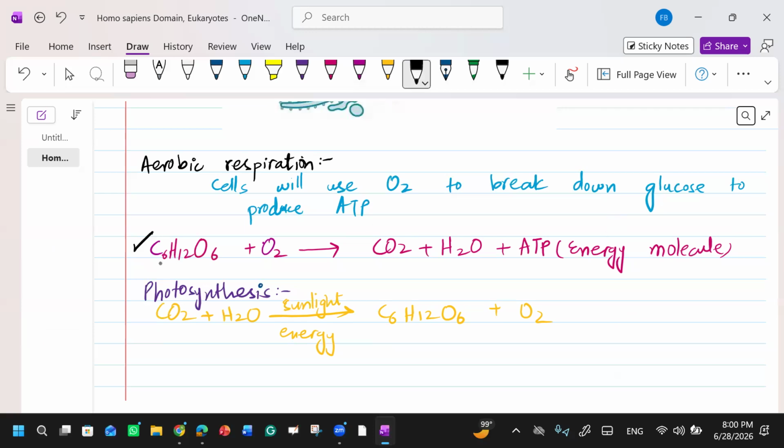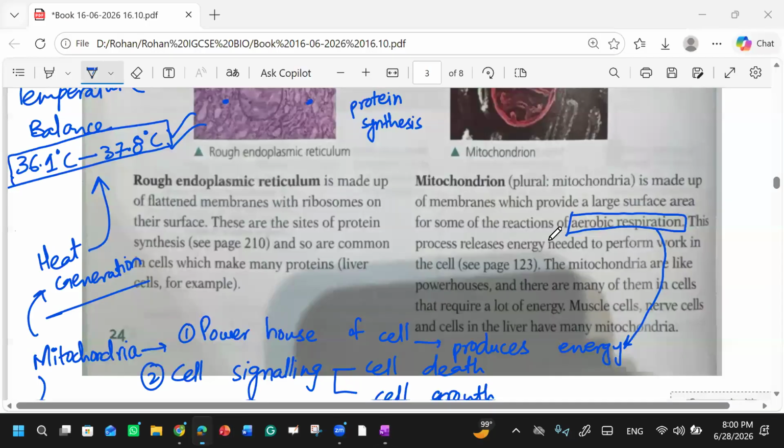Mitochondria helps to produce ATP by using oxygen to convert this glucose into carbon dioxide, water, and what? ATP. Clear? Read from here.